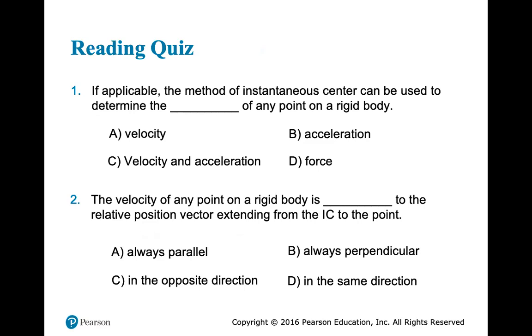And 2, the velocity of any point on a rigid body is blank to the relative position vector extending from the instantaneous center to the point. Options are A, always parallel, B, always perpendicular, C, in the opposite direction, or D, in the same direction.